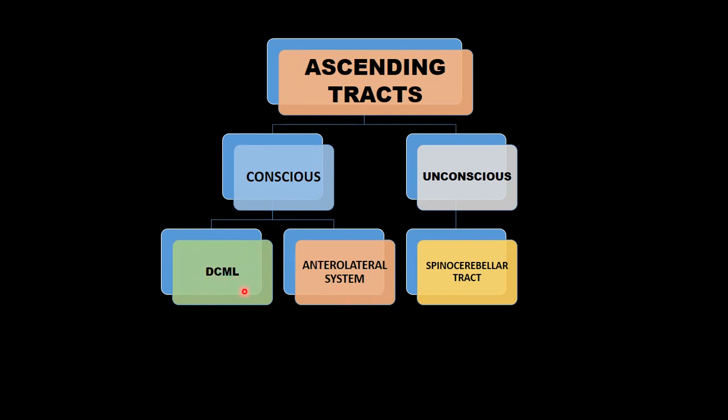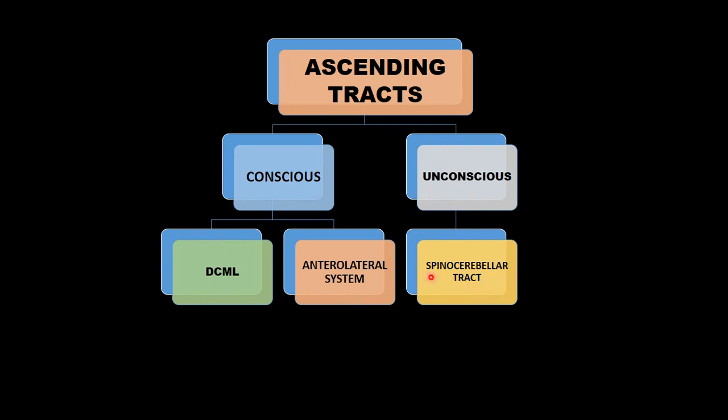We will see what these systems are broadly in further slides. And the unconscious comprises the spinocerebellar tract. So ascending tracts are divided into two on the basis of the type of information they carry, that is conscious information and unconscious information: conscious by the dorsal column medial lemniscal pathway and anterolateral system, and unconscious by the spinocerebellar tract.